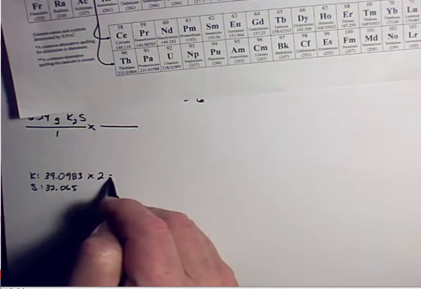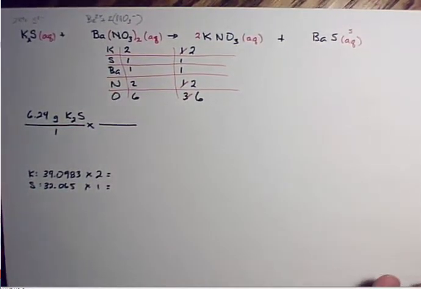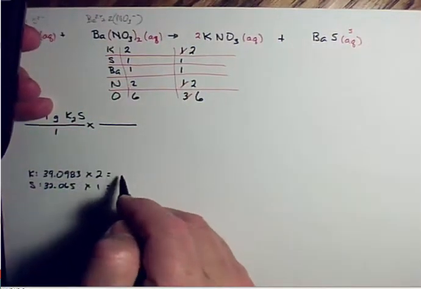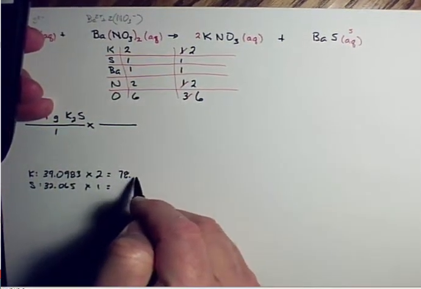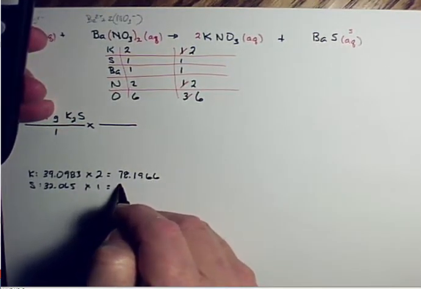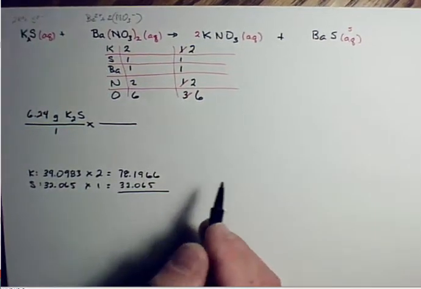We've got 2 potassiums and 1 sulfur. 2 potassiums gives 78.1966, and we've got 1 sulfur, 32.065.